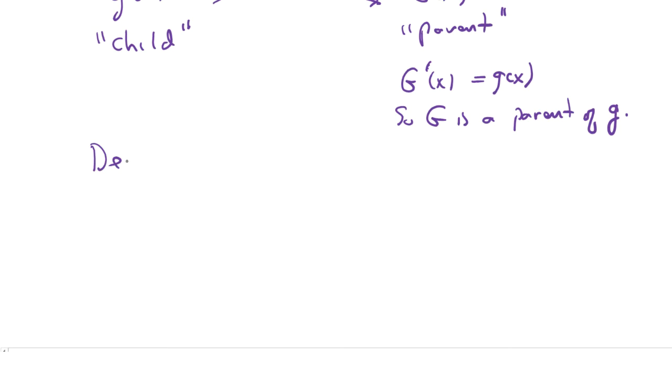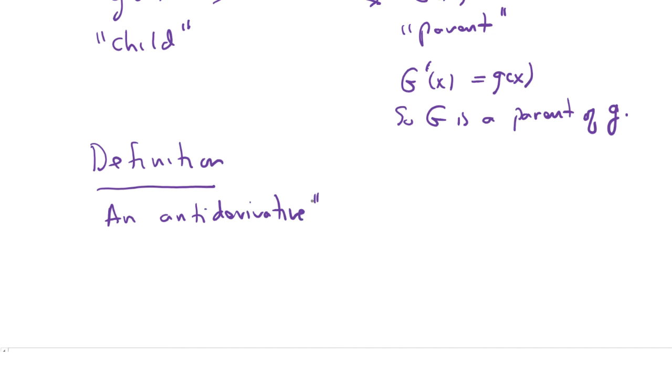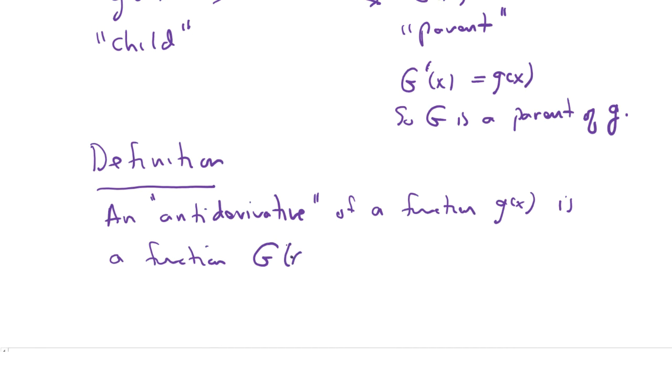So we say definition: an antiderivative of a function small g, a child if you will, is a function capital G of x such that, so how do we know capital G is the parent? We check G prime of x is equal to little g of x, the child.